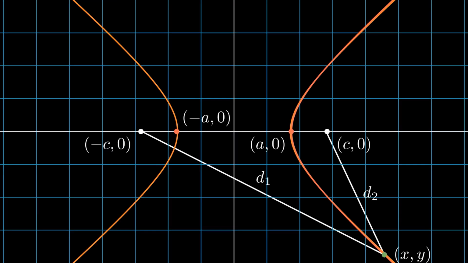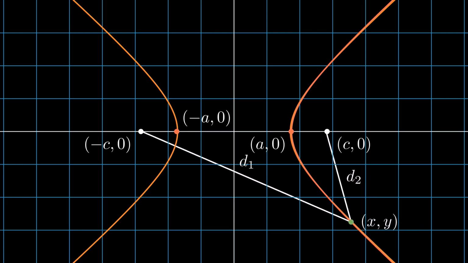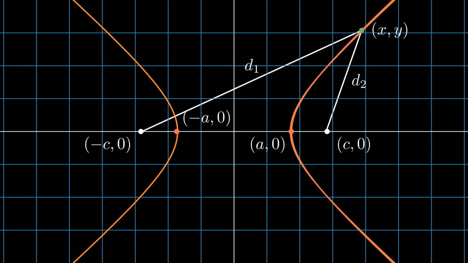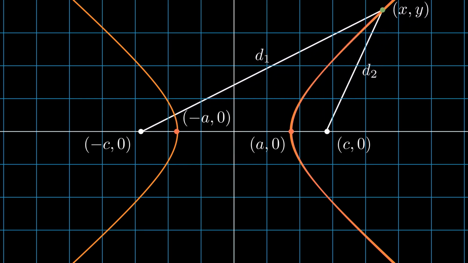The general concept around a hyperbola is that if you have two foci on the two shapes, the difference between d1 and d2 is constant. For the ellipse, the sum was constant. For the hyperbola, the difference is constant.